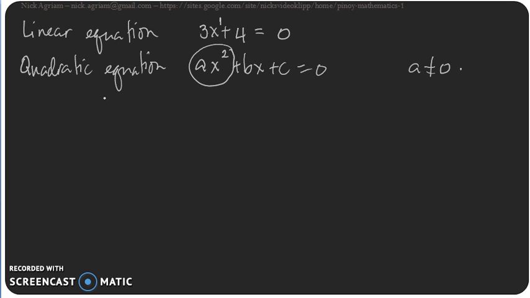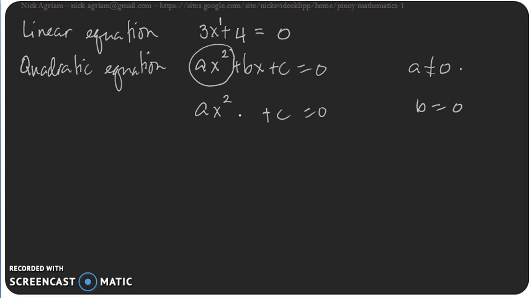There is a possibility that b is equal to 0. Then it will look like this: ax squared plus c is equal to 0. You can see that bx disappeared because b is 0, then bx will be 0 also. Why is it important to know?